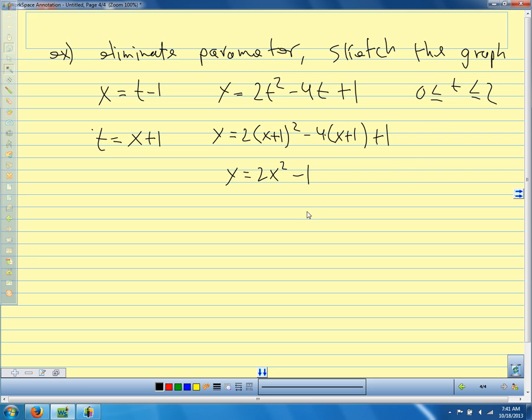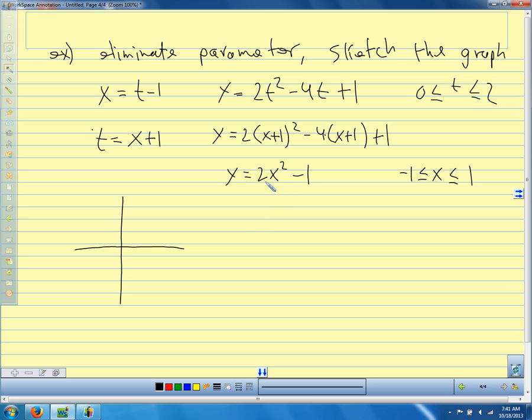In my domain, 0 less than or equal to t less than or equal to 2, what are going to be the values of x that I get out of this? Negative 1 less than or equal to x less than or equal to 1. t between 0 and 2, so x is between negative 1 and 1. All right, so we can sketch a graph of this. What is the graph of this function?